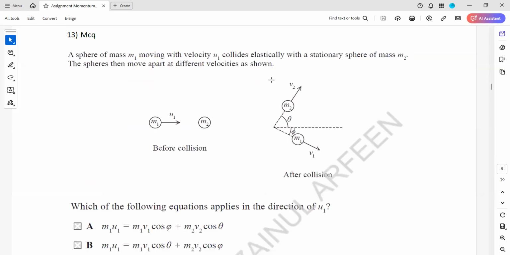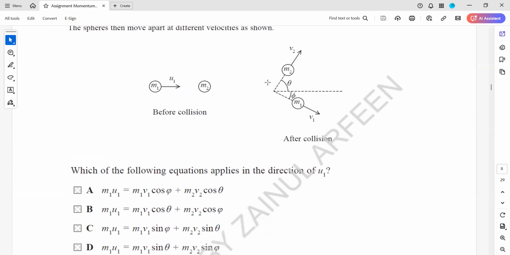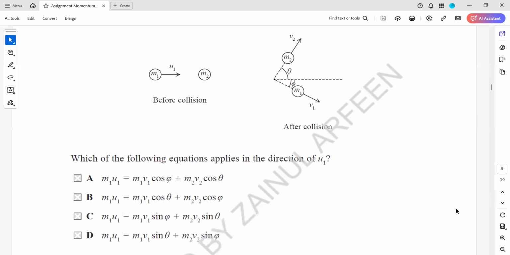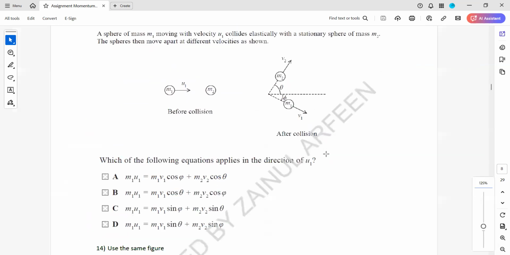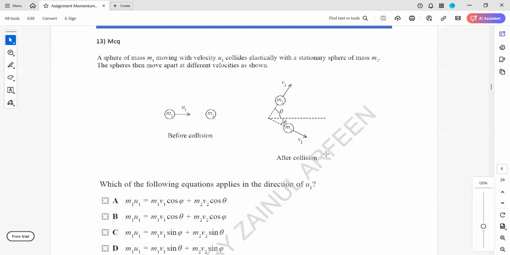Question 13. A sphere of mass m1 moving with velocity u1 collides elastically with another stationary sphere of mass m2 moving at an angle. Which of the following applies for u1? So momentum before will be equal to momentum after. So this will be m1 u1, and here in the x-axis, this will be m2 v2 cosine theta, and this will be m1 v1 cosine phi.